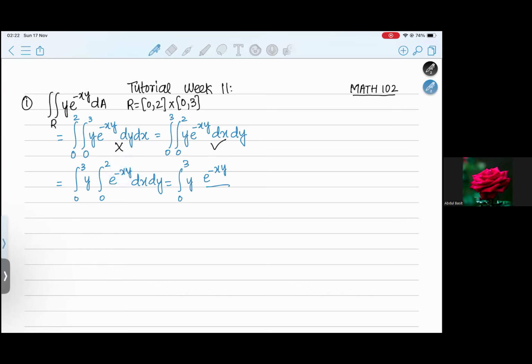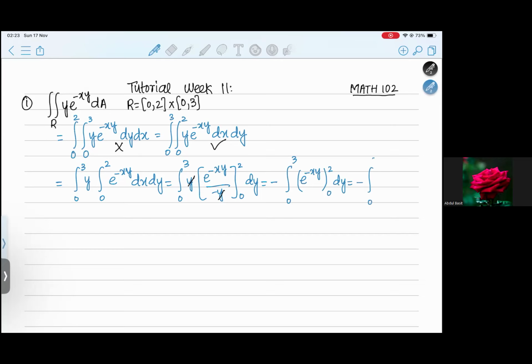The derivative of minus xy with respect to x is minus y. So evaluating this integral at 2 and 0 dy, I can just cancel this y and this y and take the minus outside. So the integral will become e to the power minus xy, with limits from 0 to 2, dy.